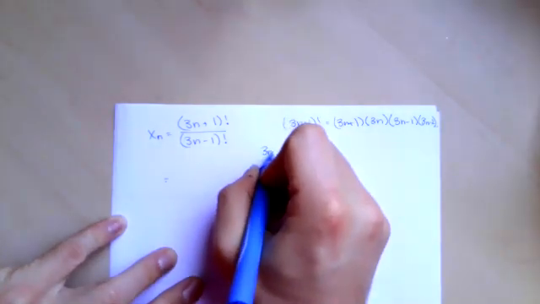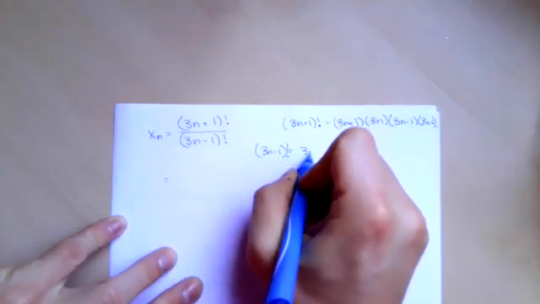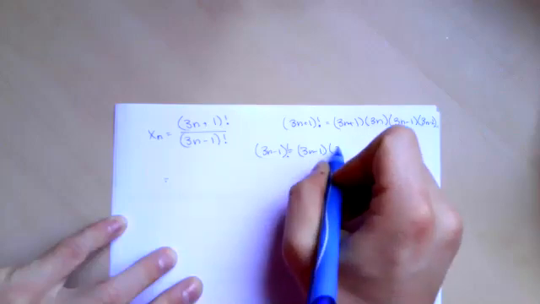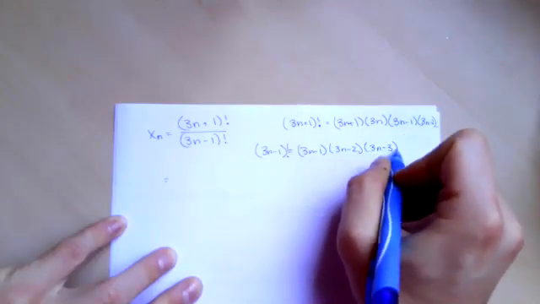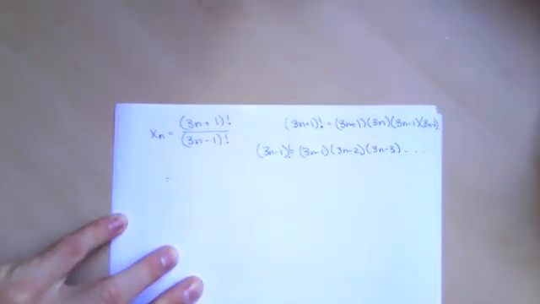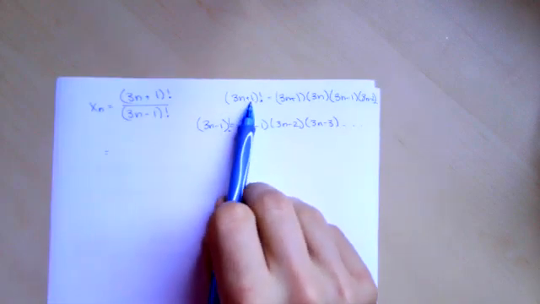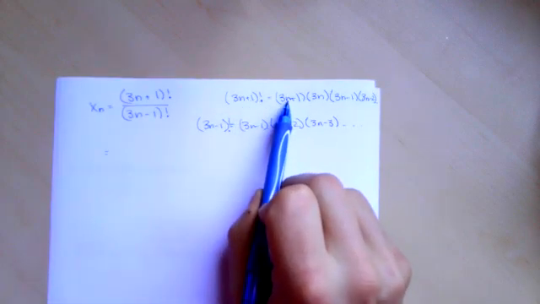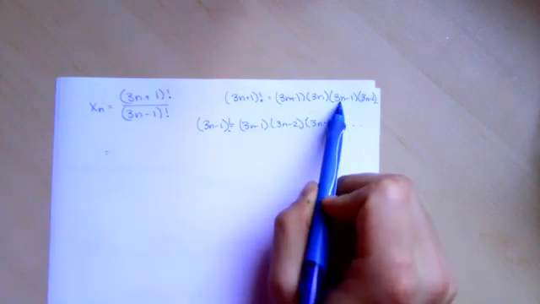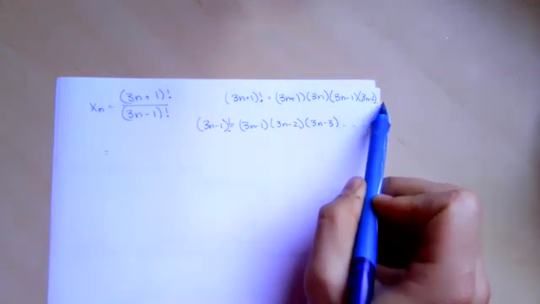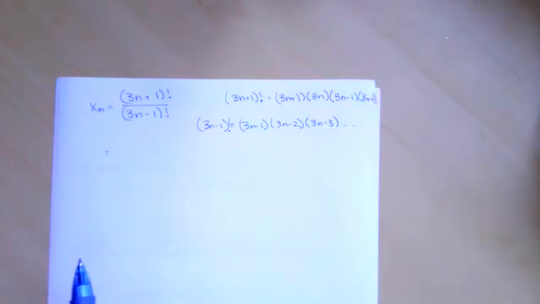Likewise, 3n minus 1 factorial is 3n minus 1, 3n minus 2 times 3n minus 3, and it's going to keep going. So notice now that with the numerator, 3n plus 1 factorial, we have 3n plus 1, 3n. Then I have the same sequence, 3n minus 1, 3n minus 2, 3n minus 3. And that's going to keep going.